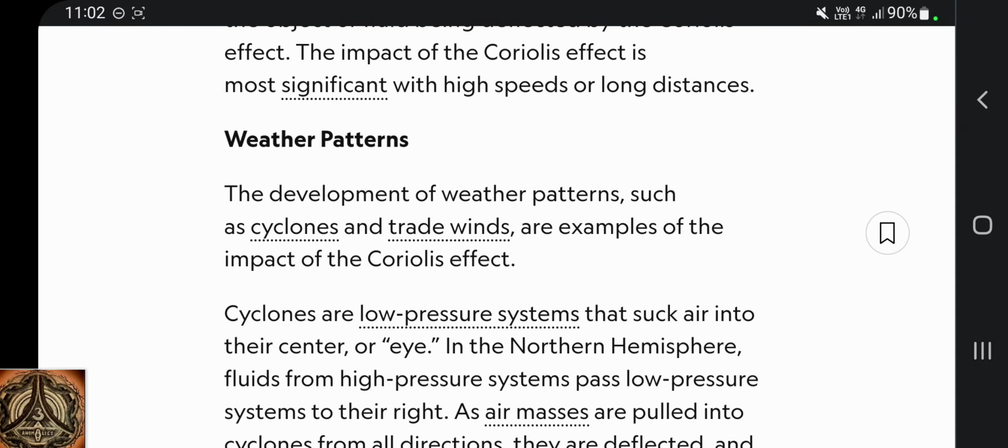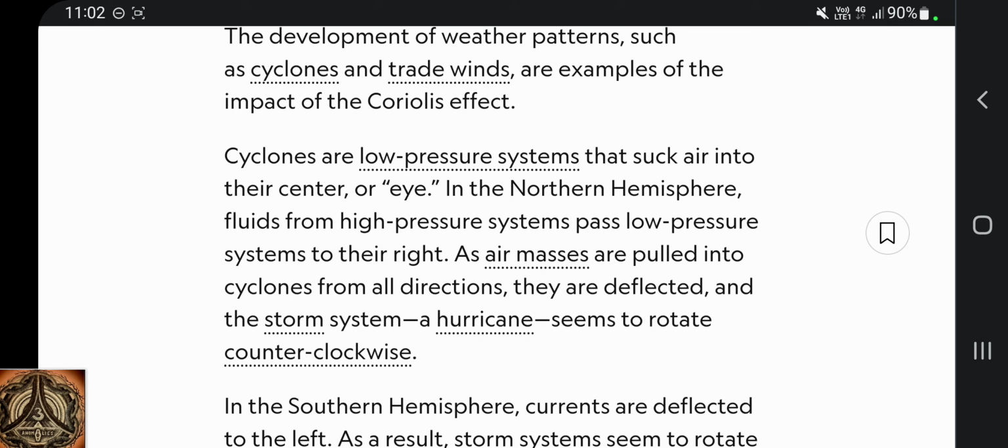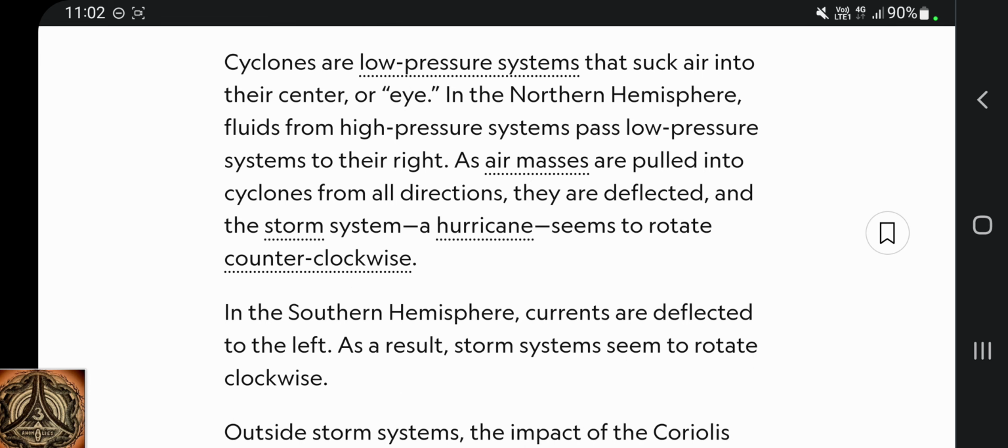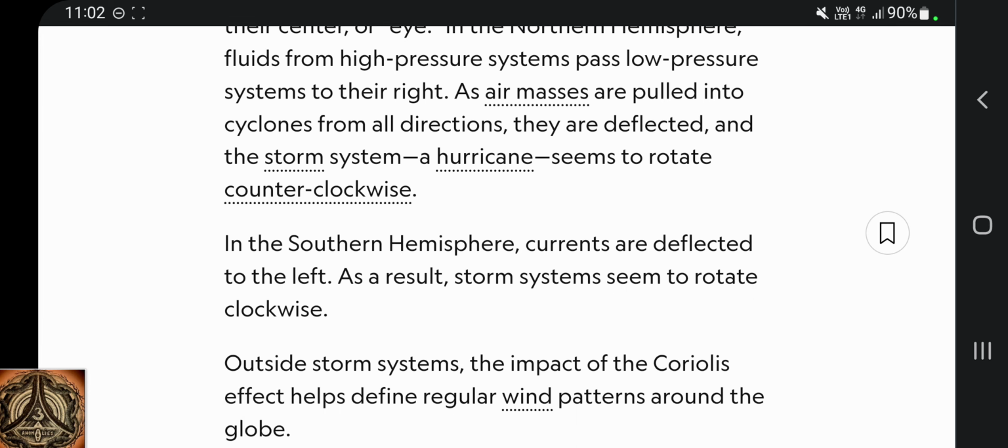Weather patterns. The development of weather patterns such as cyclones and trade winds are examples of the impact of the Coriolis effect. Cyclones are low-pressure systems that suck air into the center or eye. In the northern hemisphere, fluids from high-pressure systems pass low-pressure systems to their right. As air masses are pulled into cyclones from all directions, they are deflected, and the storm system, a hurricane, seems to rotate counterclockwise. In the southern hemisphere, currents are deflected to the left.